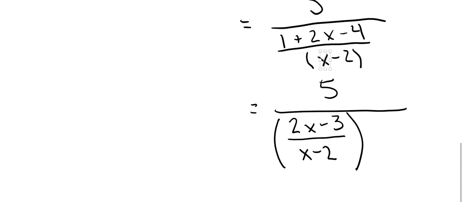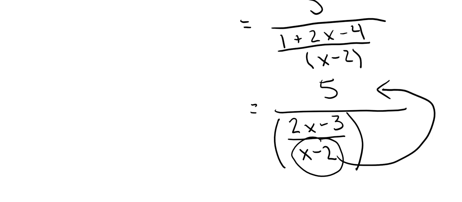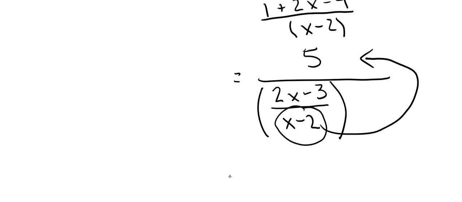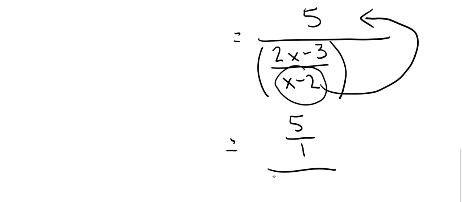Now, you could imagine up here that this 5 is kind of like a 5 over a 1, if that's helpful. Essentially what's going to happen is this x minus 2 is going to make its way up to our numerator. If we don't immediately see that, another way of thinking about this is this. I don't know if this will be more helpful or less helpful. This is grouped together.